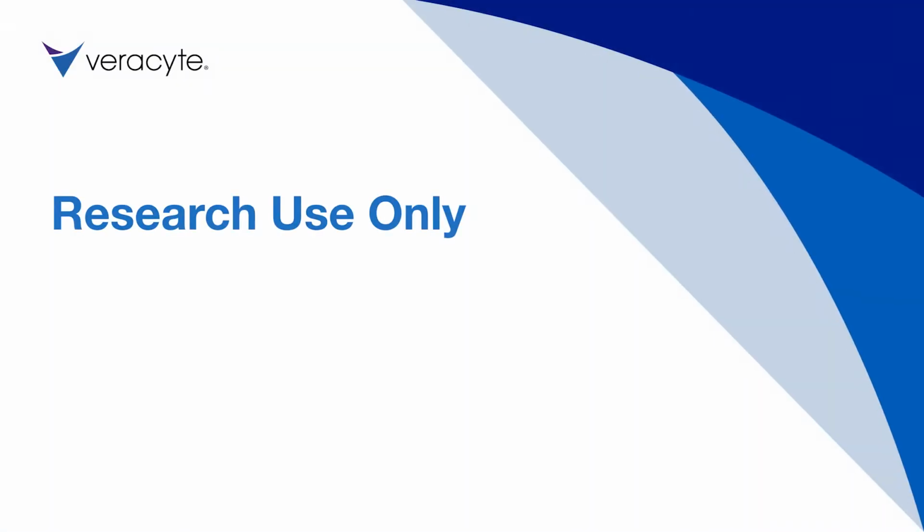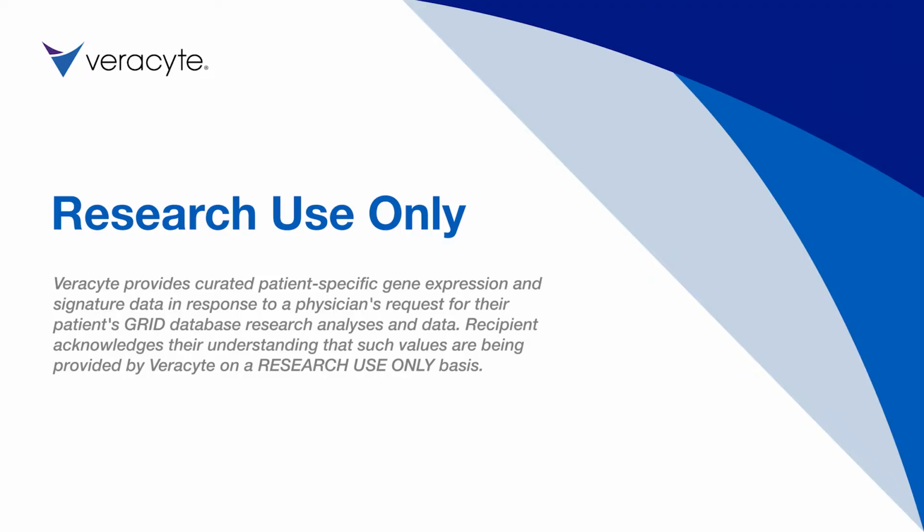Some, for example, have been developed as part of analysis of very large phase 3 clinical trials, such as Stampede, Charted, and Titan, and others have been developed in other fashions using data from registries and other materials. So let's get going. And as we walk through this report, let's keep in mind that the GRID remains research use only.